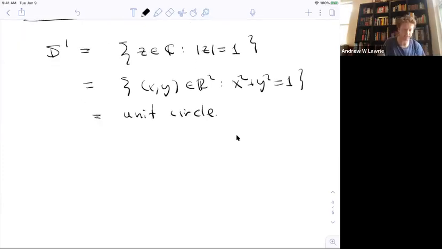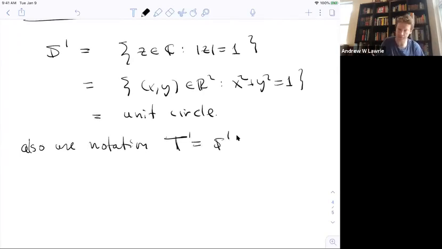We'll also use a notation, or maybe more frequently use the notation T, or T1 for S1, which is the one-dimensional torus. This is just notation.